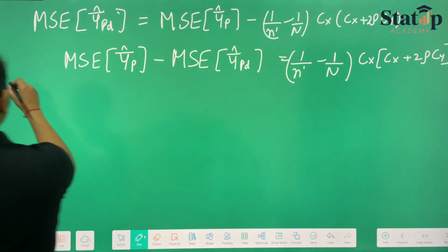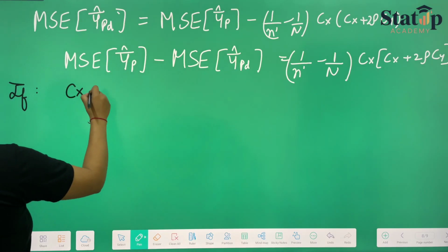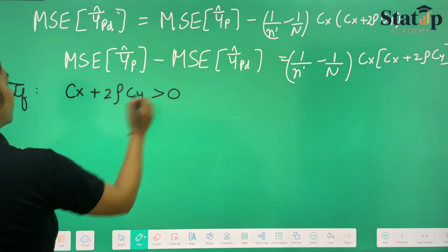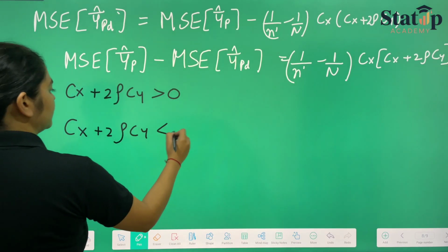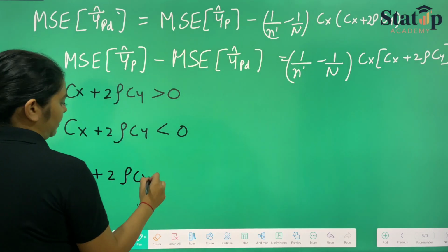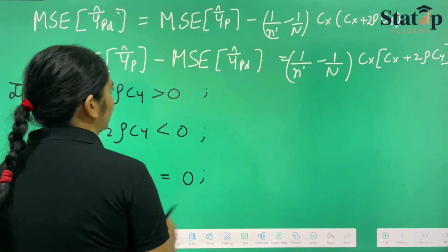Now if Cx plus 2 rho Cy is greater than 0, Cx plus 2 rho Cy is less than 0, Cx plus 2 rho Cy is equals to 0. If these are the cases, then what happens?